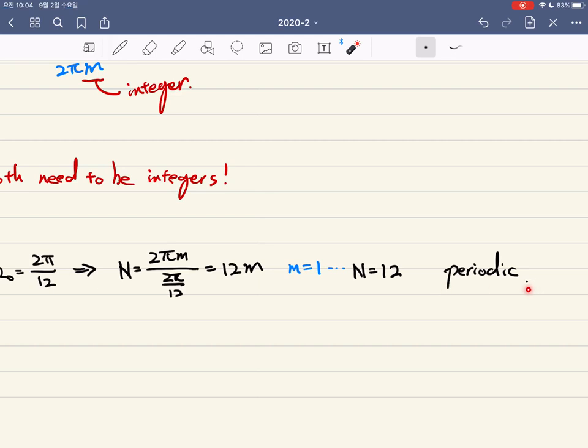So the first example is periodic, with period being 12.